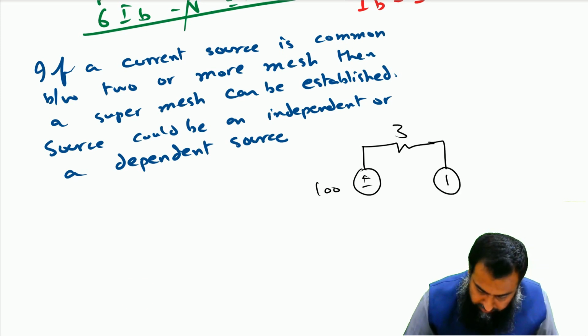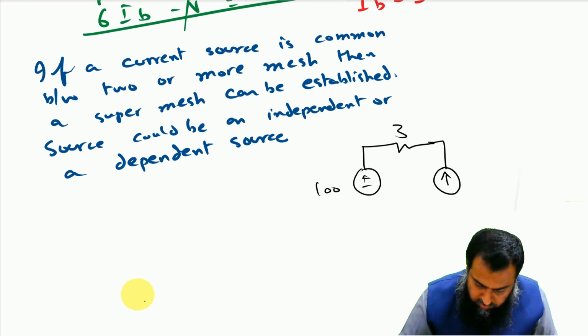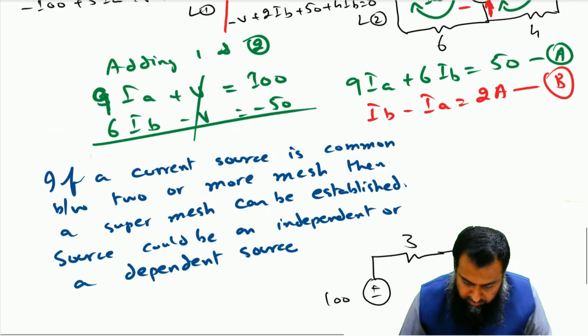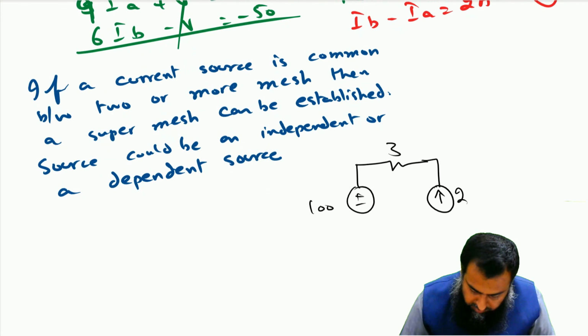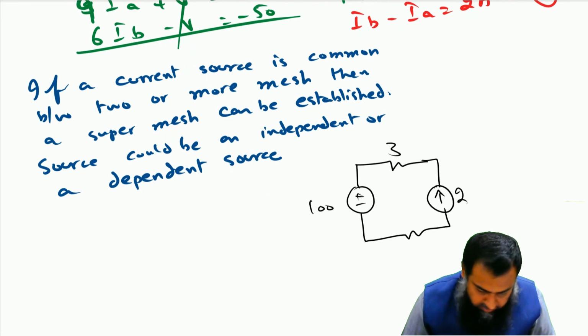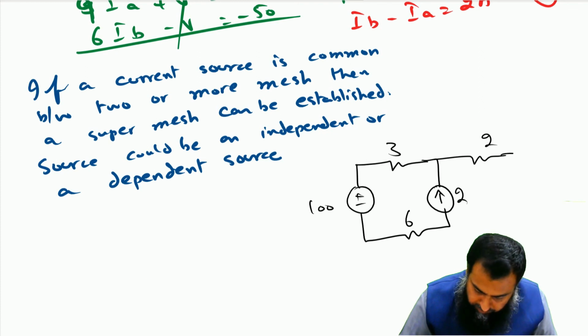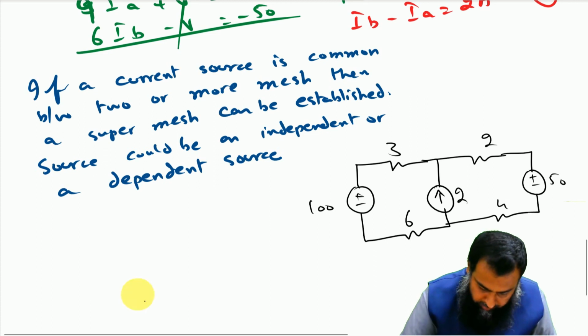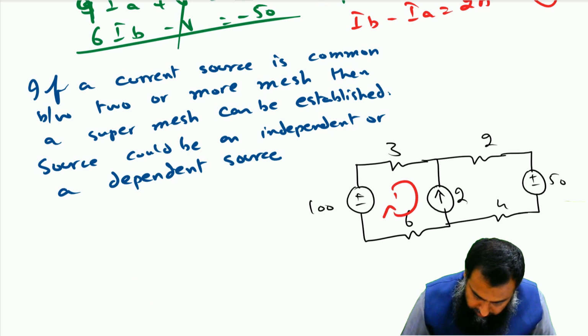Here we have the current source, the value of that current source is 2 ampere. Then we have a resistance here, this was 6 ohm. Then we have this 2 ohm. This is 50, this is 4, and that's it. Now let us assume this is IA, and this is IB.